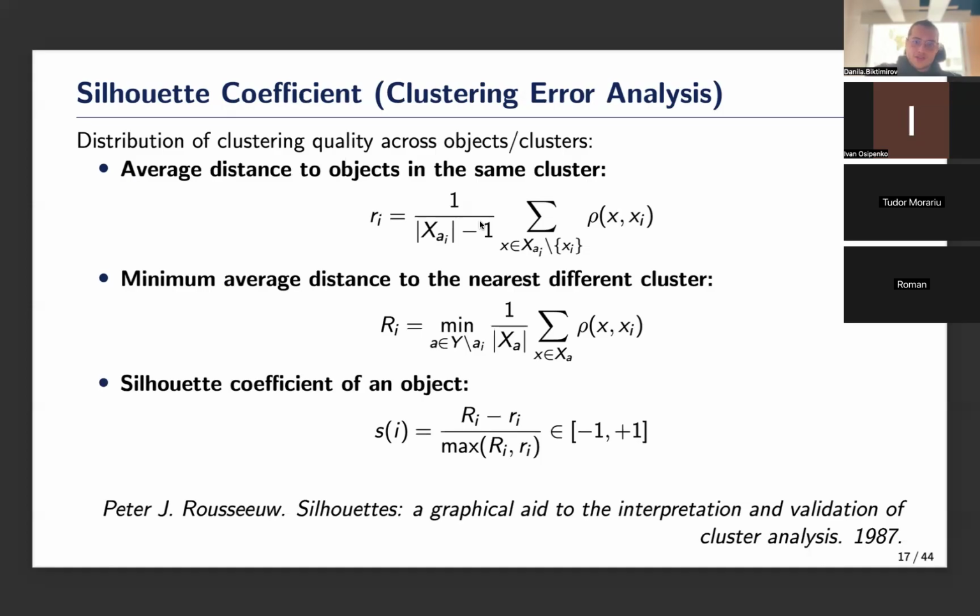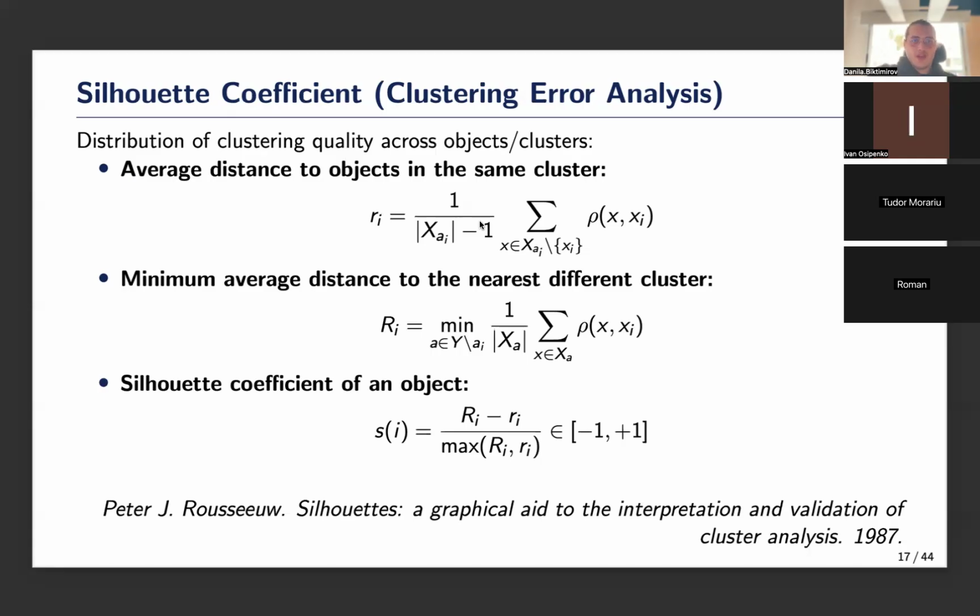The silhouette coefficient is based on comparing two distances for each point in the dataset. First, the average intra-cluster distance, little r. This measures how close a point is to the other points within the same cluster.